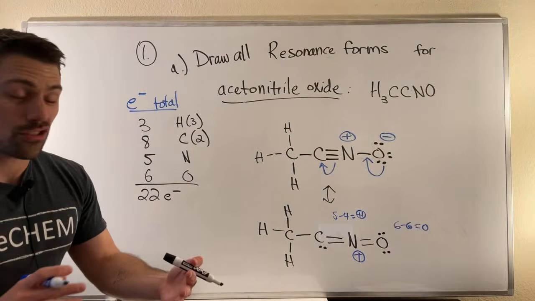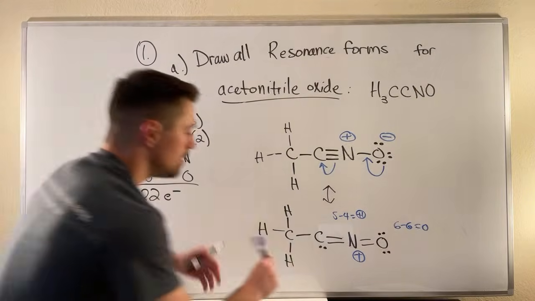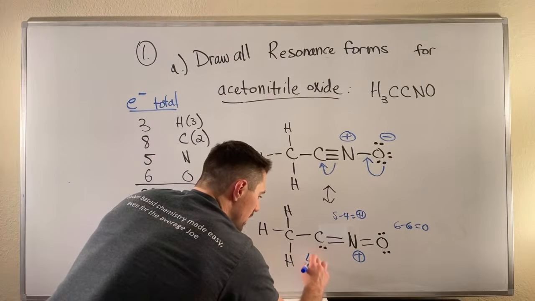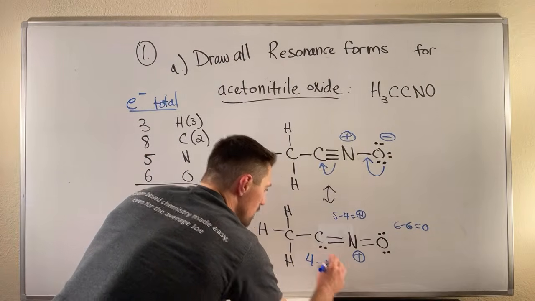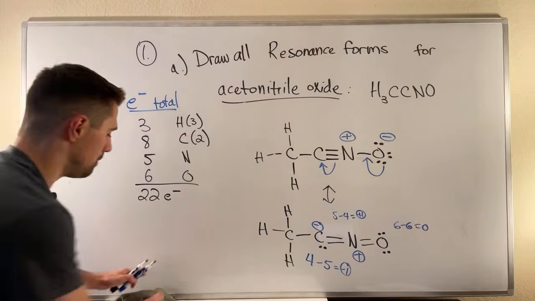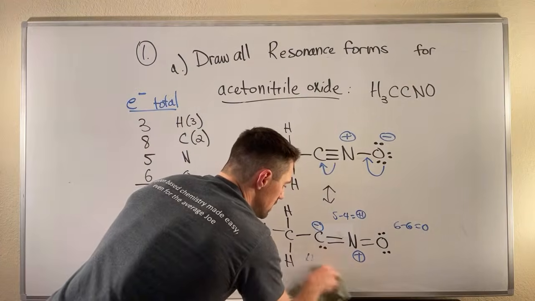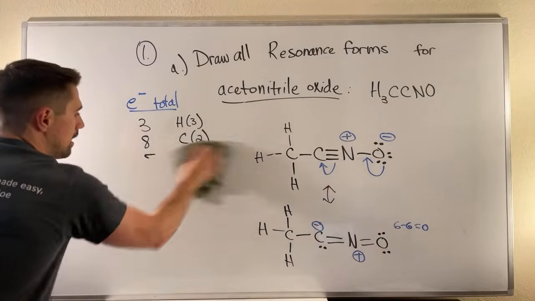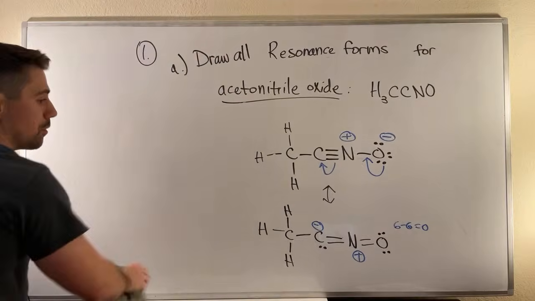Didn't really change. But carbon, on the other hand, 1, 2, 3, 4, 5. Carbon comes in with 4 valence, but now it's in control of 5. So carbon actually has a -1 formal charge. So you can see we actually have a different charge setup than we did above. And we've drawn 2 resonance forms.